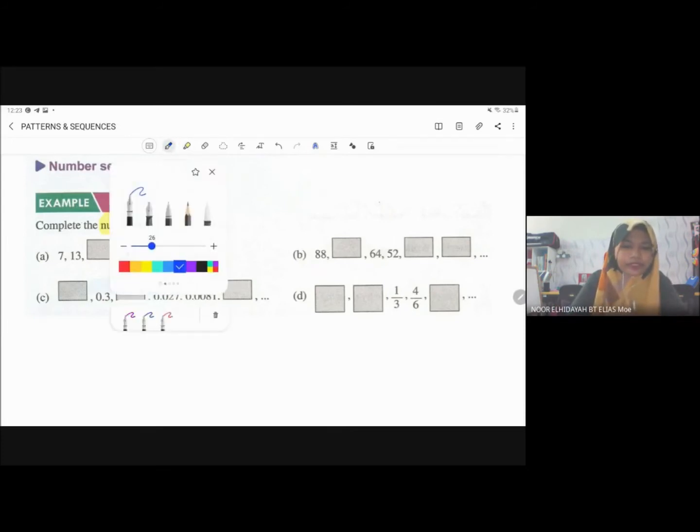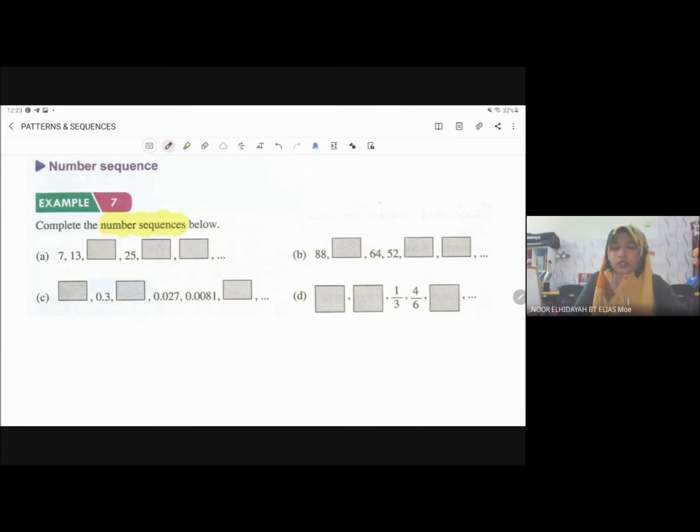So, awak boleh tengok, you analyze this number sequence, cuba dapatkan what is the pattern. You look at this one, 7 to 13. Macam mana 7 nak dapat 13?